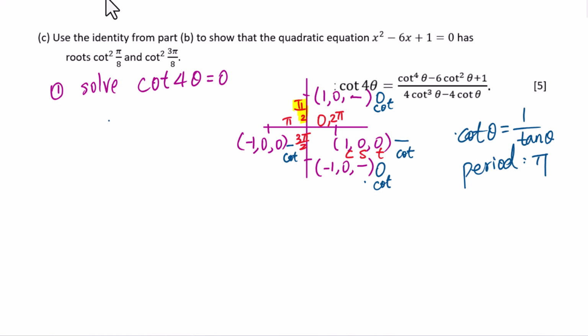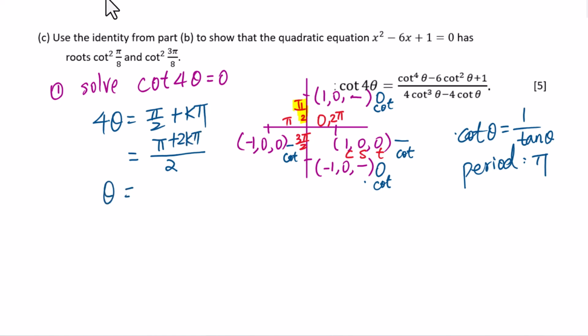Therefore, we will use pi over 2 as the reference angle. 4 theta equals pi over 2 plus k pi, equals pi plus 2k pi over 2.